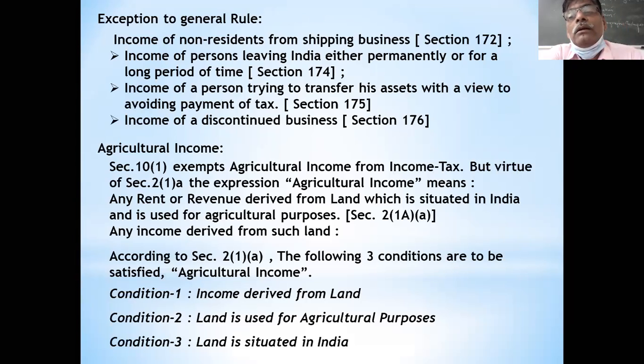Why? Suppose you permit him to go out of India, like Vijay Mallya, or Nirav Modi or someone who left India. Then they will not be available to you in the assessment year to assess the income and the amount of tax.